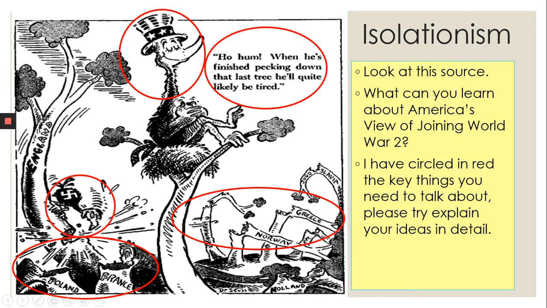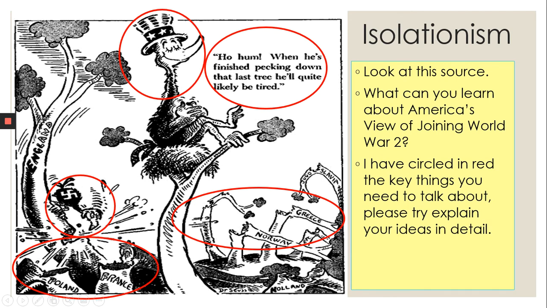However, this American bird does not look like it understands how dangerous this bird can be. And we definitely get that impression from the text up here. It says, hey, when finished pecking down the last tree, he'll quite likely be tired. So it's this idea that he's going to work himself out.